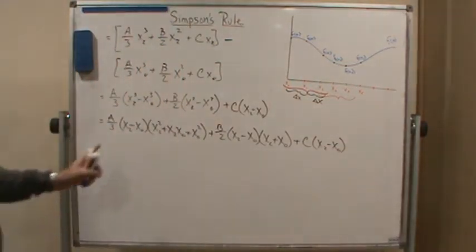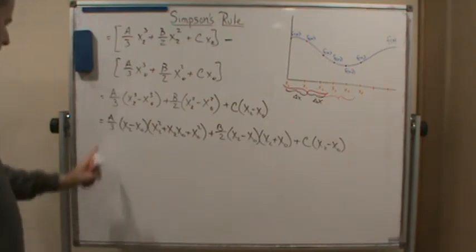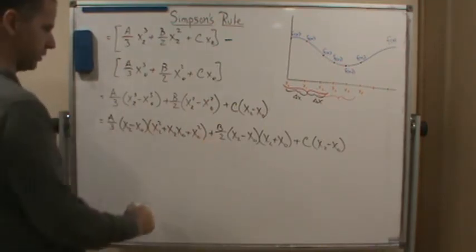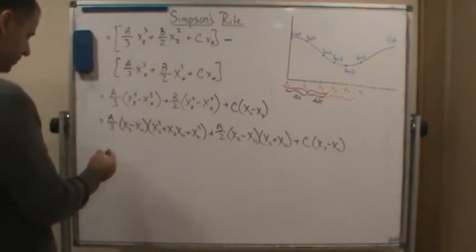Okay, so now we can factor out an x2 minus x0, and I'm going to factor out a 1/6 at this point. Why? Because to get rid of the fractions.